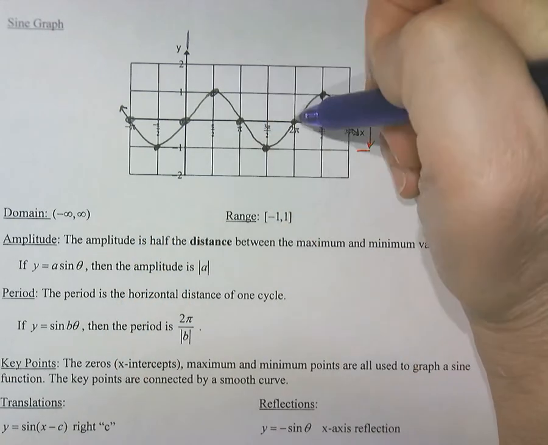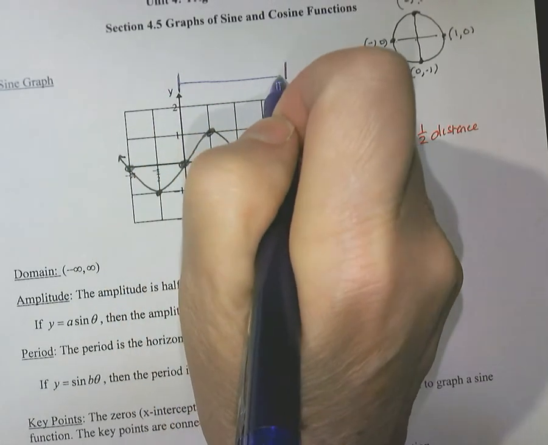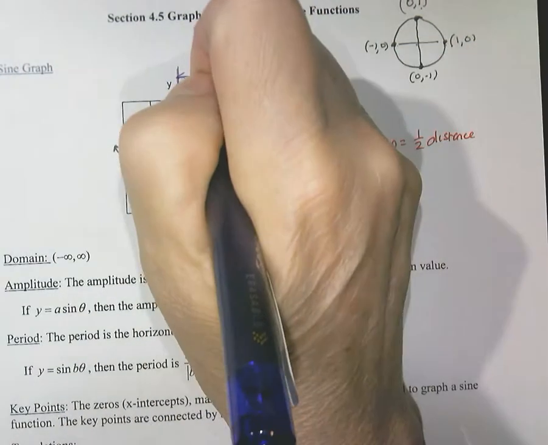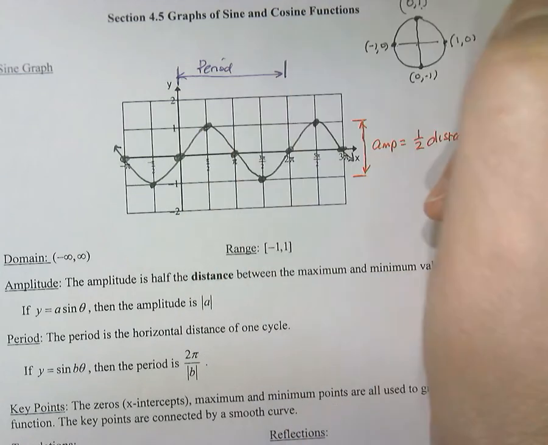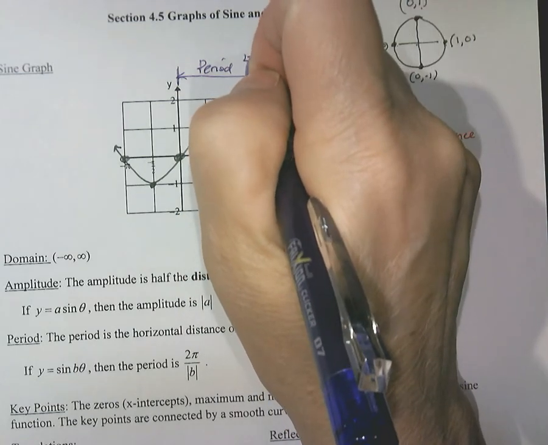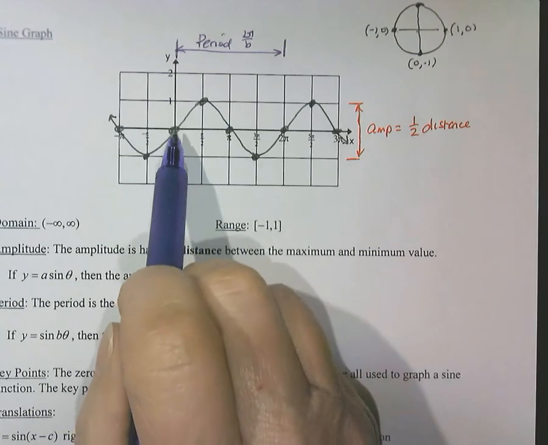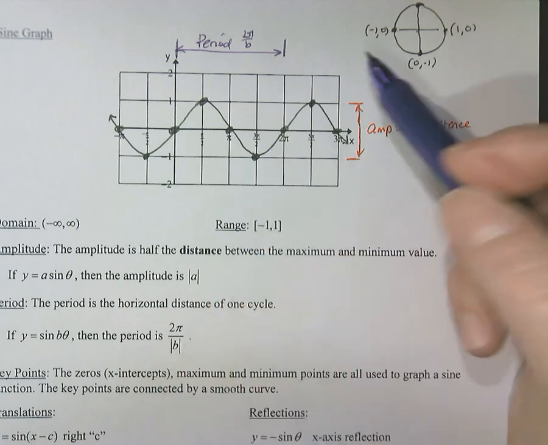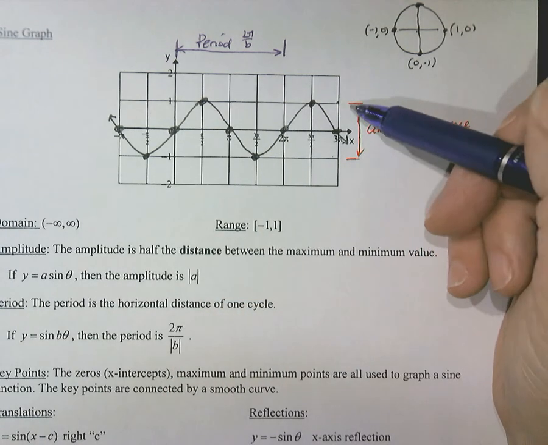So my period is a horizontal distance, and it's 2 pi over b. So in this case, this distance on this graph, which will be our parent function, is 2 pi. And my amplitude, this distance from negative 1 to 1 is 2. Cut it in half, it's 1.